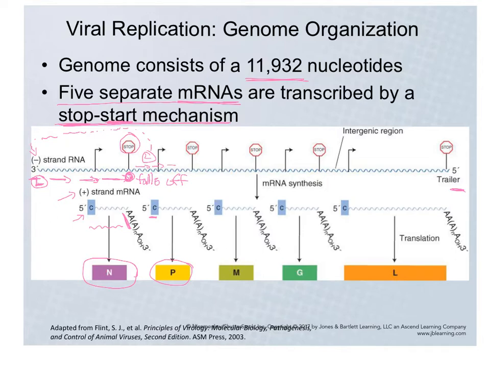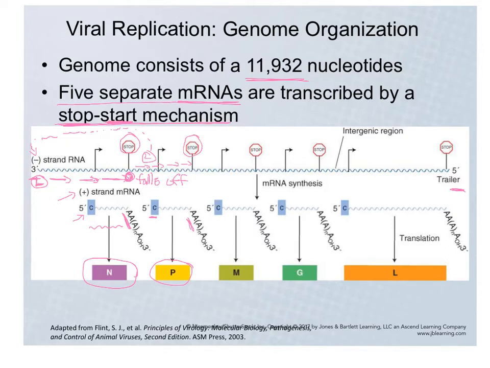When the polymerase gets to the end of the gene, it recognizes the polyadenylation signal, adds the poly-A tail, and encounters a second stop.